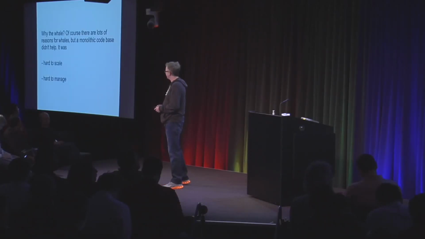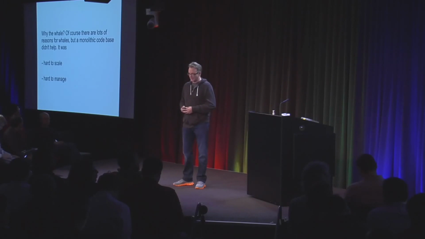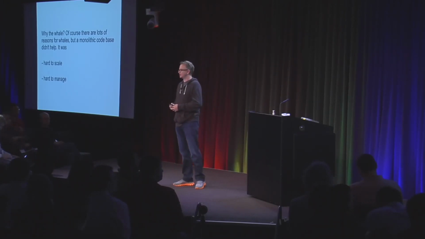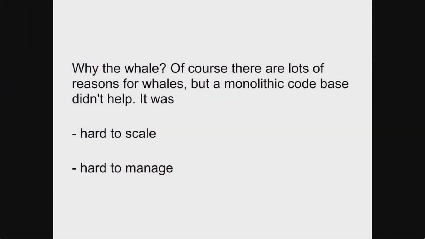So why the fail whale? I'm sure there are quite a lot of Ruby advocates in the world and in this room. A lot of the systems at Twitter famously were built on top of Ruby on Rails. I'm not going to say anything bad about Ruby.